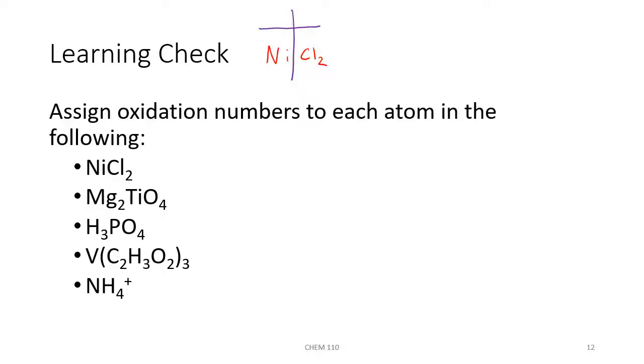Chlorine in a compound has an oxidation number of -1. From our subscript, we can see that there are 2 chlorines in this compound, so the total of the chlorines will be -2. The sum of our oxidation numbers has to sum to 0 because this is not a charged compound. That's Rule 1. Therefore, the nickel must have an oxidation number of +2 in this compound.